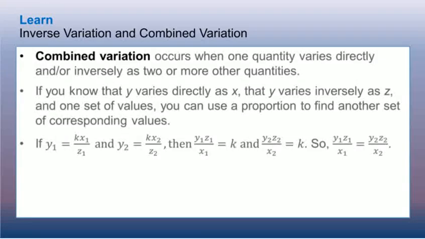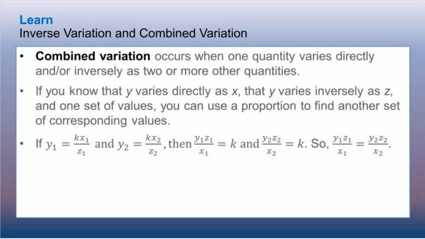Combined variation occurs when one quantity varies directly and/or inversely as two or more other quantities. If you know that y varies directly as x and y varies inversely as z in one set of values, you can use a proportion to find another set of corresponding values.